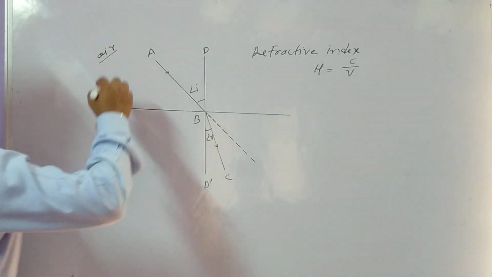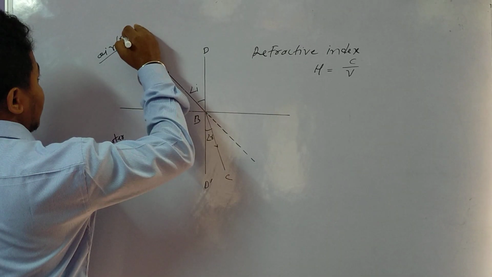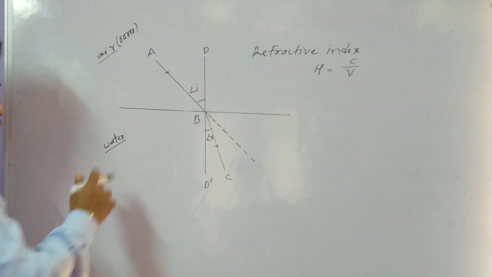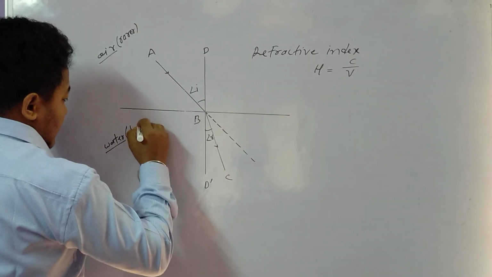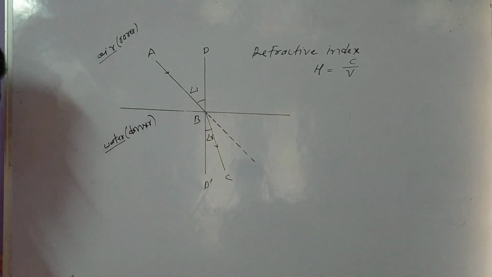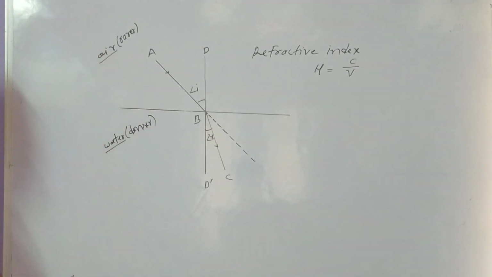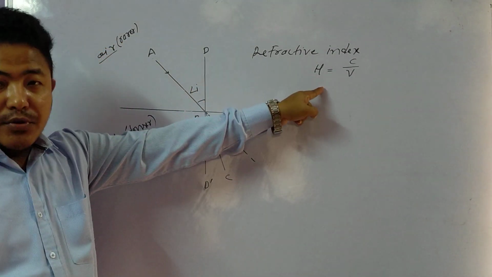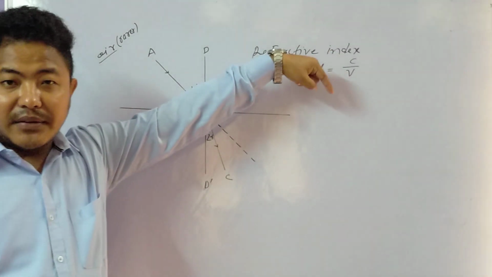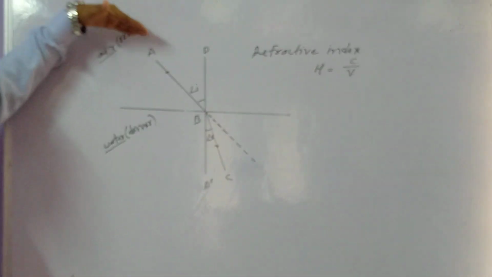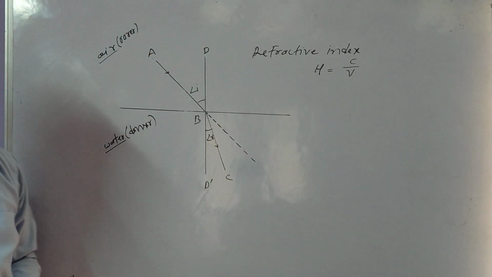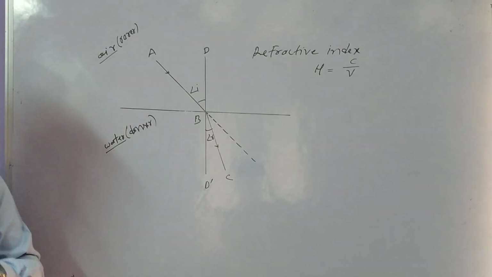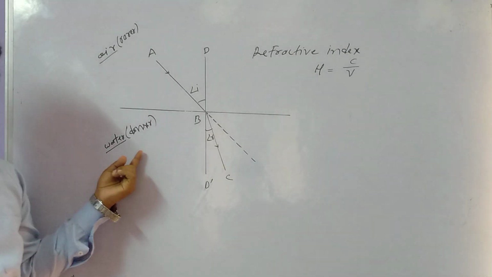As I told you, if I consider that air is your rarer medium, and air is rarer in comparison to water, so water will be the denser medium in comparison to the air medium. So in case of rarer medium, this mu is minimum. Refractive index is minimum in a rarer medium. Refractive index is higher, or maximum, in the denser medium.